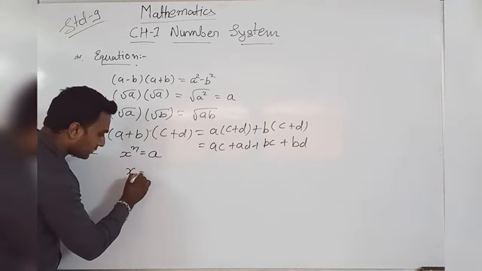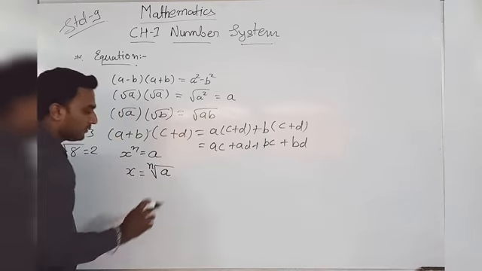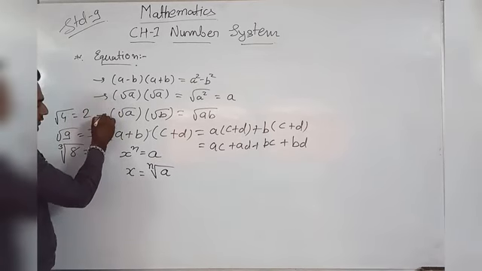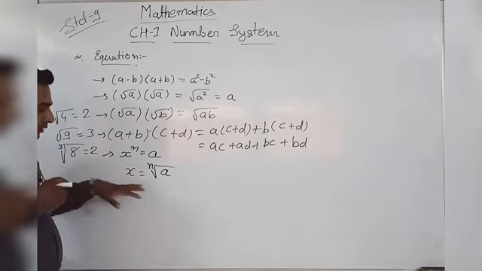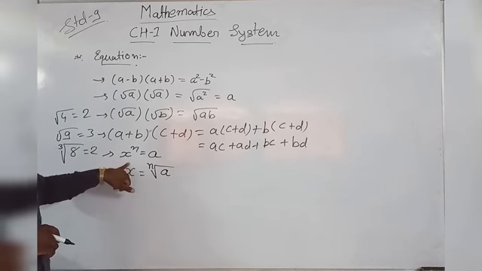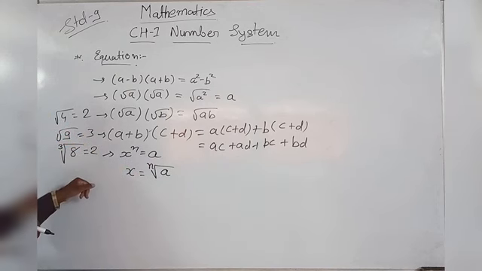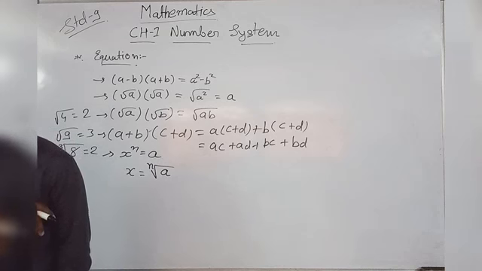So the answer will be x, and here it is going to be n root of a. Clear? Now it is right. Here this is the first one, second, third, fourth, and this is the fifth one. Now see here, this is the n root of any number. Suppose you want to do the square root, then this way, then cube root, then fourth root. Clear? Now what is your next?